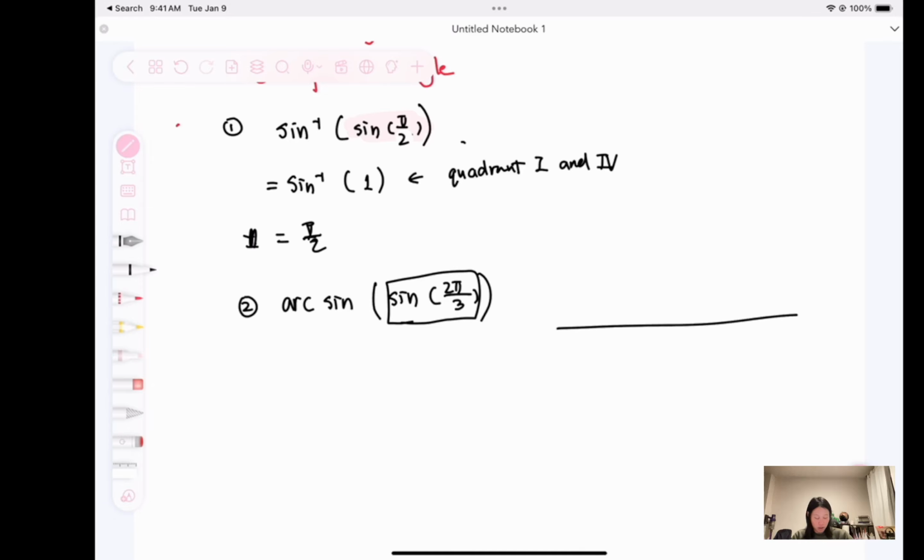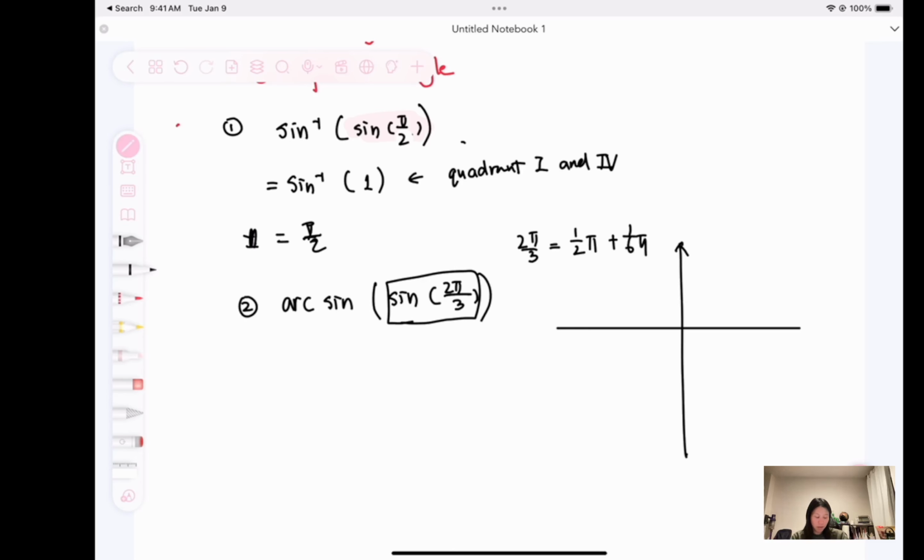Now, let's try to draw this, because I already asked you to memorize all the special angles. 2 pi over 3, if we rewrite it, is equal to half pi plus 1/6 pi.